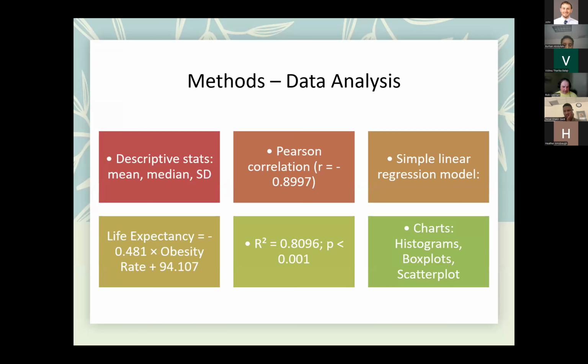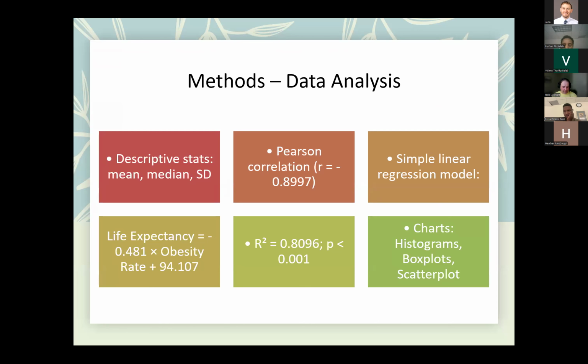Moving forward to the methods, I used three main steps to analyze the data. One of them was descriptive statistics to understand the average obesity rate and life expectancy. The second was correlation to check if there's a strong connection between the two variables.